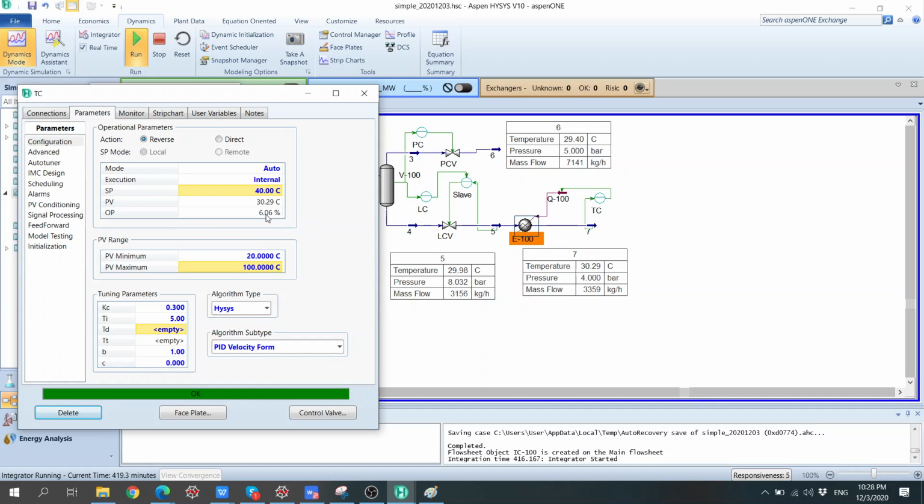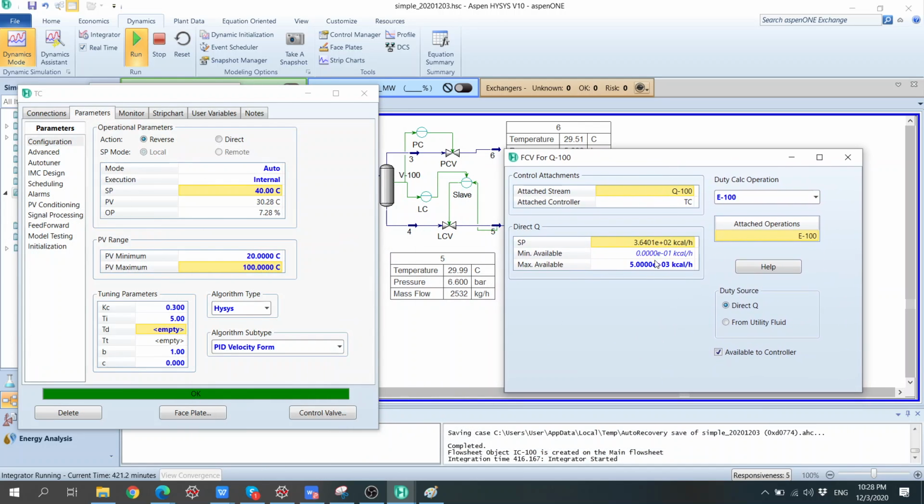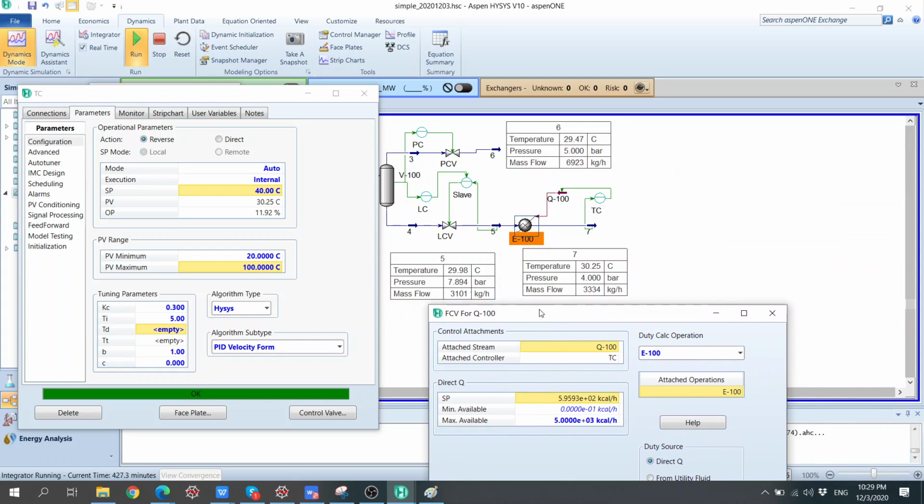The valve opening is increasing, which means the flow rate, the duty is going up, temperature goes up, hopefully, and then it will then... yeah, because we have a fluctuating flow rate here.